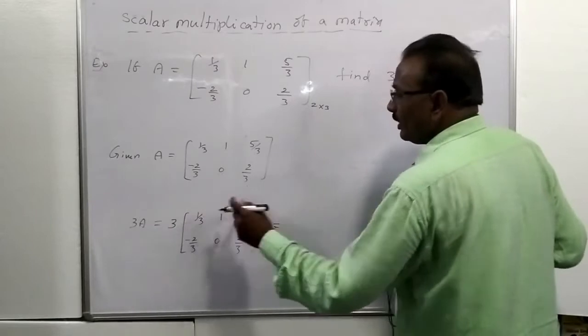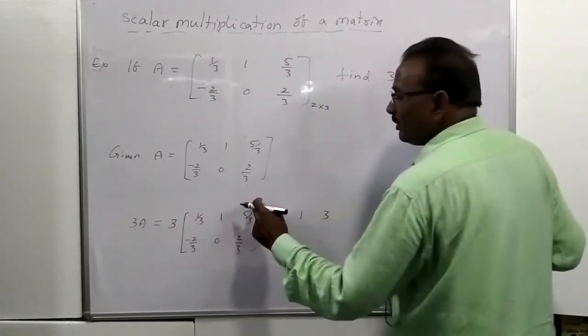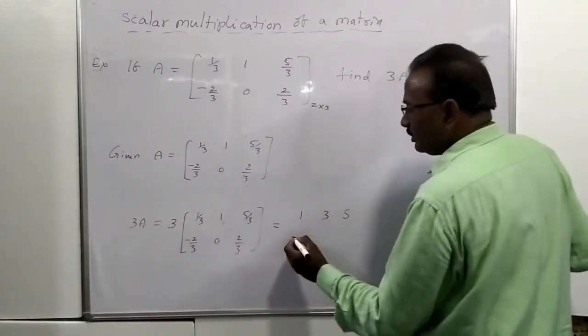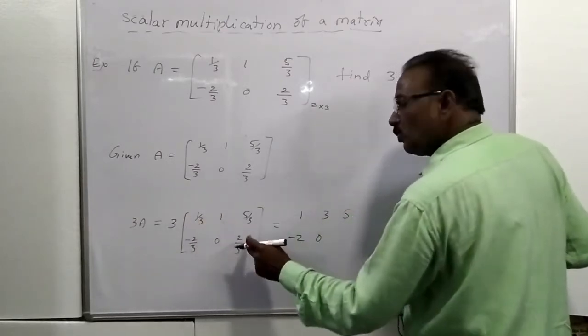That is 3 into 1/3, value is 1, 3 into 1 is 3, 3 into 5/3, the 3 cancels, that is 5. Next, 3 into minus 2/3 is minus 2, 3 into 0 is 0, and 3 into 2/3 is 2.